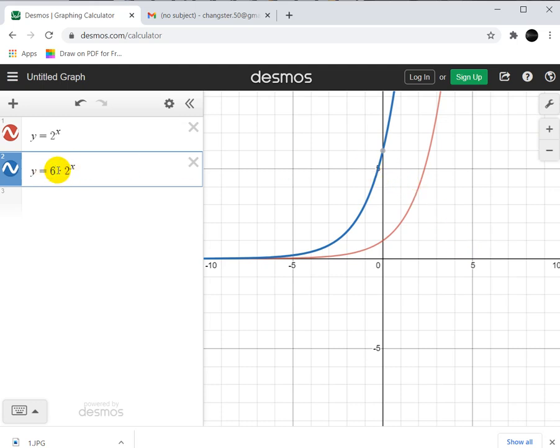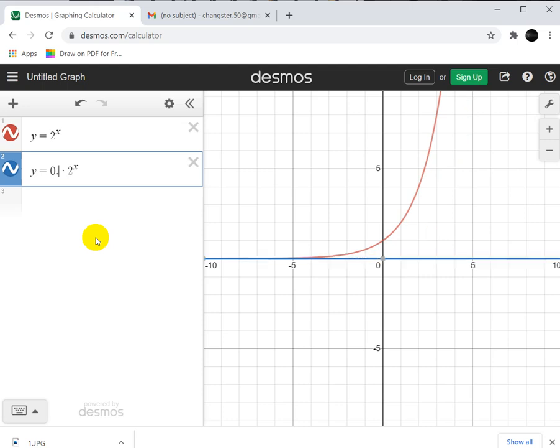If this constant in front is greater than 1, let's say I start off with 1.1, 1.2, 1.3, 1.4, 1.5, 1.6, it's basically being vertically stretched. If the numbers are between 0 and 1, like 0.9, 0.8, 0.7, 0.6, 0.5, 0.4, 0.3, that function is being vertically compressed. It's a little bit hard to recognize. The parabolas are a little bit easier, but that's what I'm getting at.